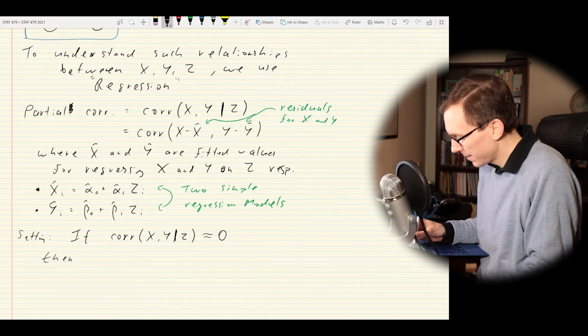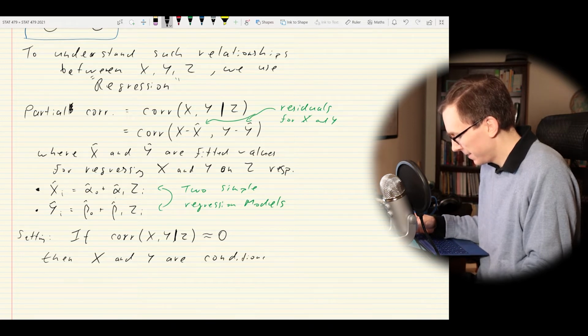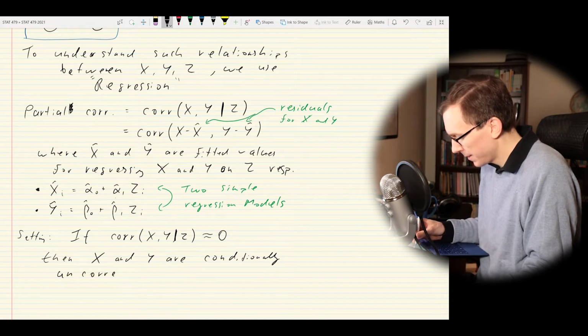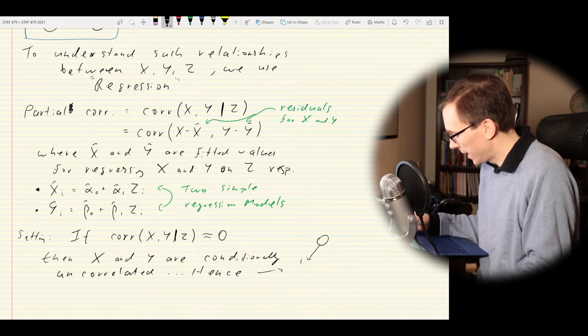Then x and y are conditionally uncorrelated. Hence, that picture that I drew that just fell off the top of the screen that looked like this.